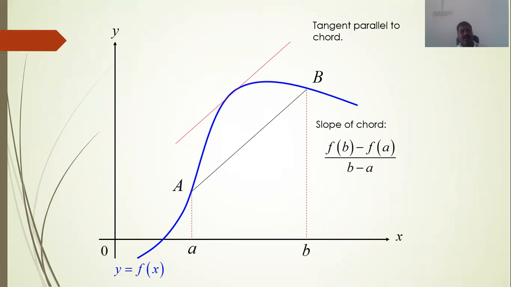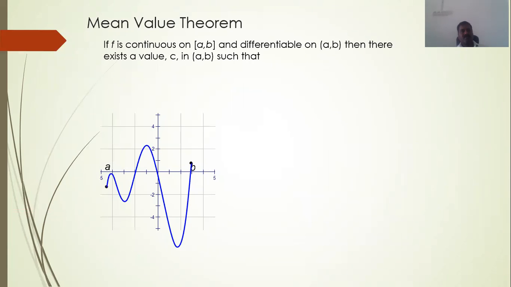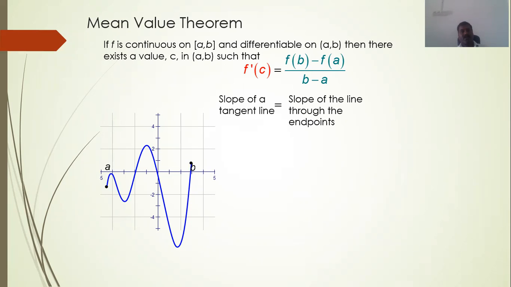That is the tangent parallel to the chord, and the slope of the tangent is f'(c). At least one point; there can be more than one point where the slope of the tangent equals the slope of the line joining the endpoints.